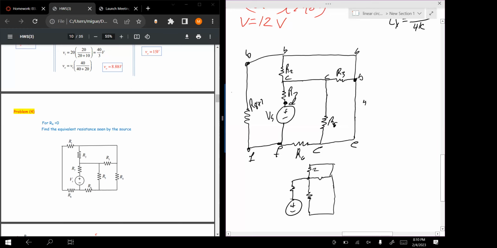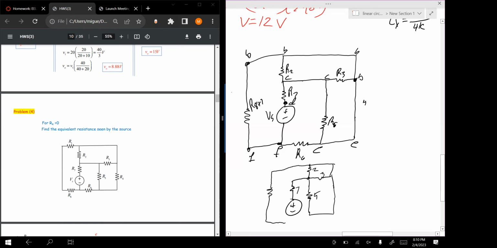So this is R2, this is R3, this is R5, this is R7 in the middle. And then this end is gonna come out here like this.